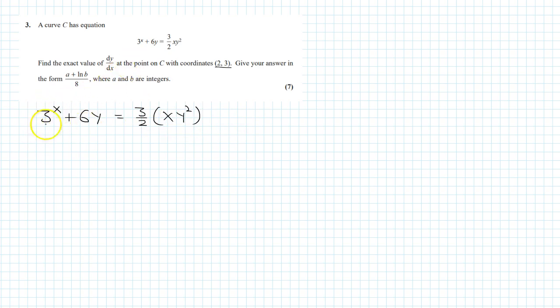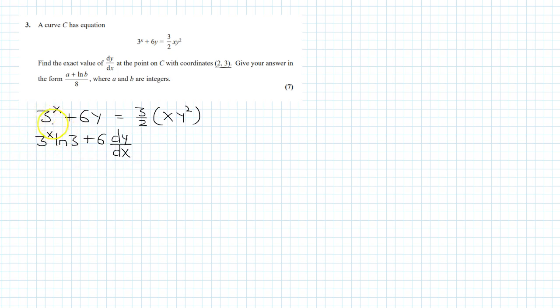A to the power x differentiates to a to the power x ln a. So this is 3 to the power x ln 3 plus 6, differential of y is dy over dx.